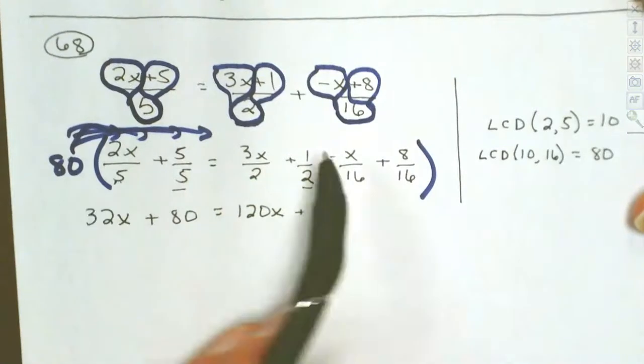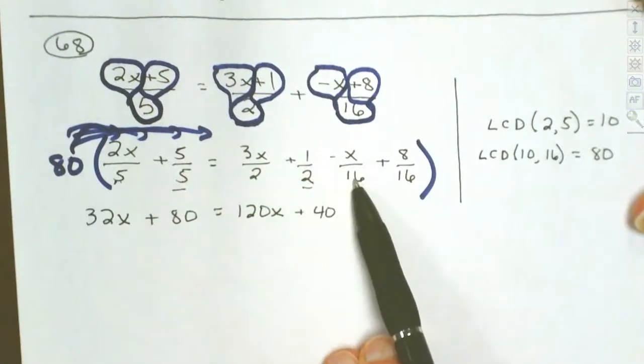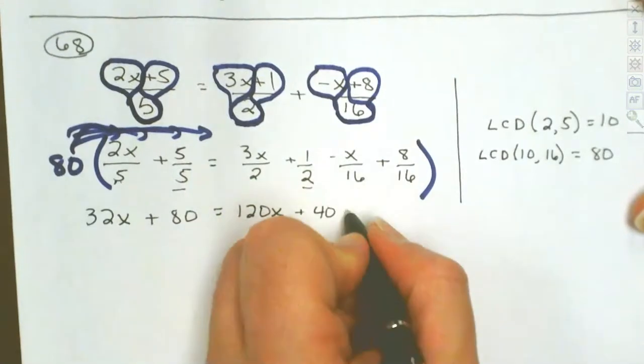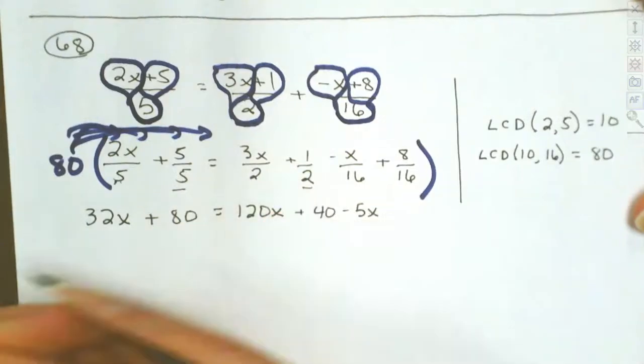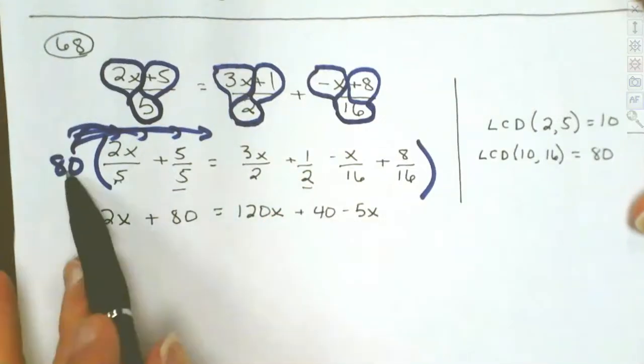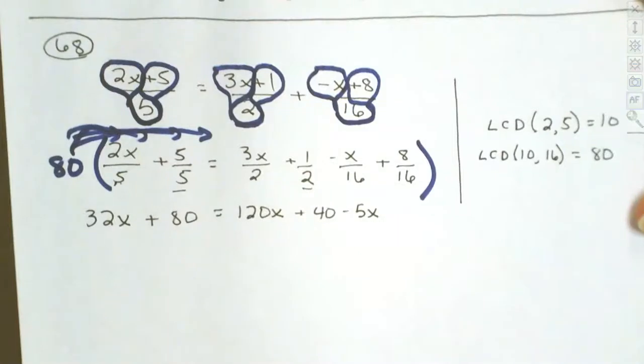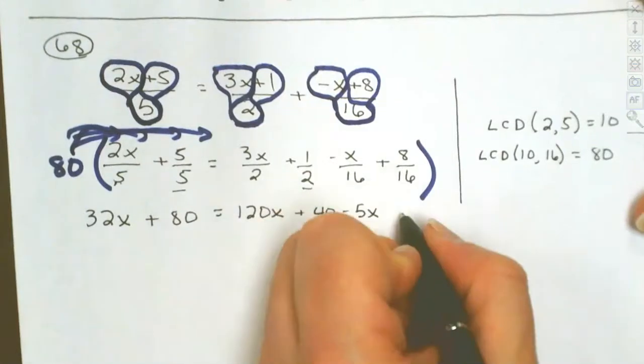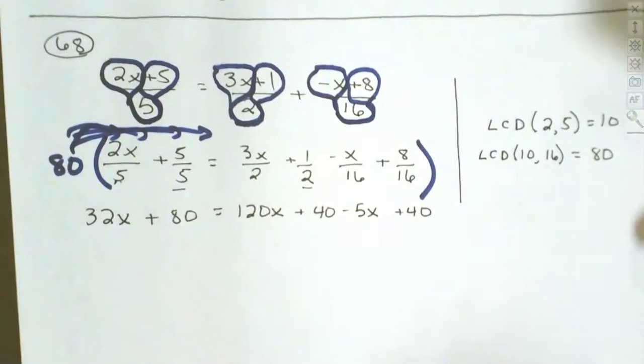Next, 80 divided by 16 is a 5. Times a negative x makes it a minus 5x. 80 divided by 16 is 5. 5 times 8 makes it 40. Is everyone okay with that so far?